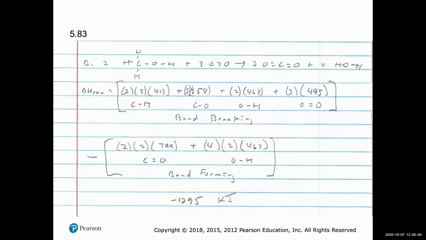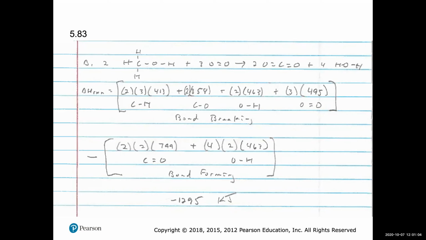Once again, there's only one of those, so we have 2, because there's 2 moles of it, times 1 times 463, which is the bond energy for that bond. So we had that molecule done. We had 3 CH bonds, 1 CO bond, 1 OH bond. And then we had 2 of those molecules, so it all got multiplied by 2.